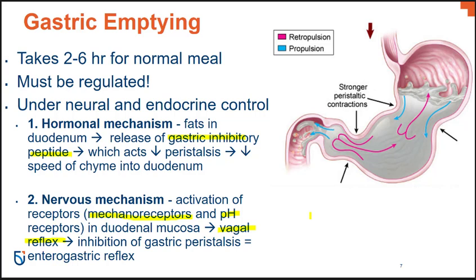This is also known as the enterogastric reflex, where, once again, when the duodenum stretches and when there are acidic contents within it, it will stimulate the vagus nerve, which will end up inhibiting gastric peristalsis via what's called the enterogastric reflex.